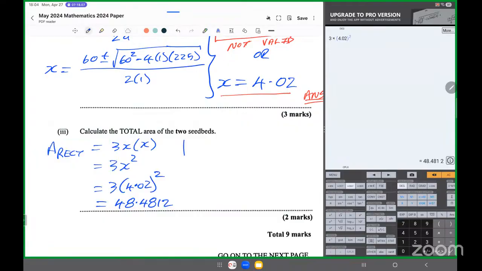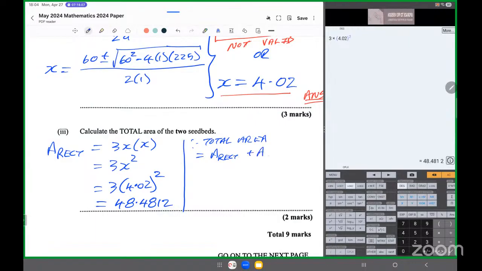So see it here then. Therefore, total area equals area of the rectangular bed plus area of the square bed. And the two of them are equal. Remember the question said that?